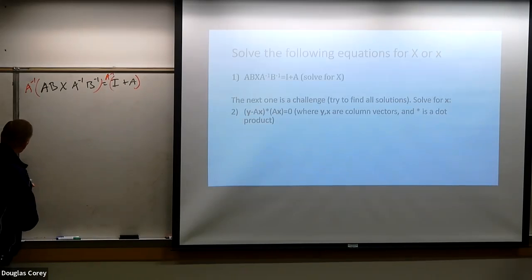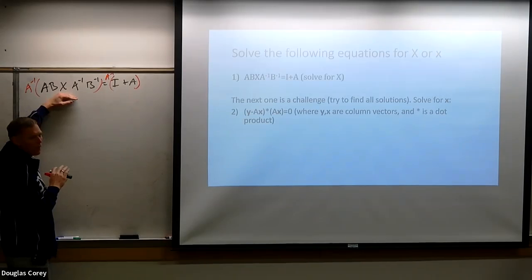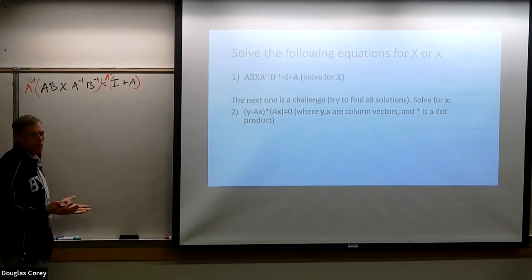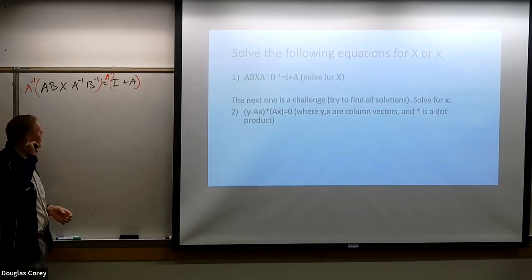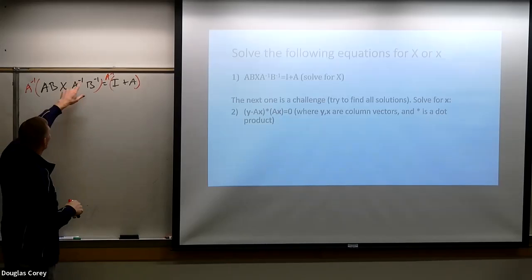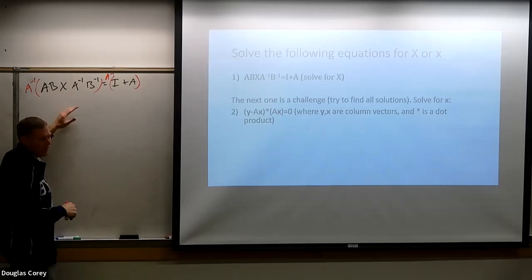It should have started with, if these were just numbers and we were solving for X, what would be the thing you would naturally do? Cancel out A and B. If you had A inverse and A, you can cancel out.